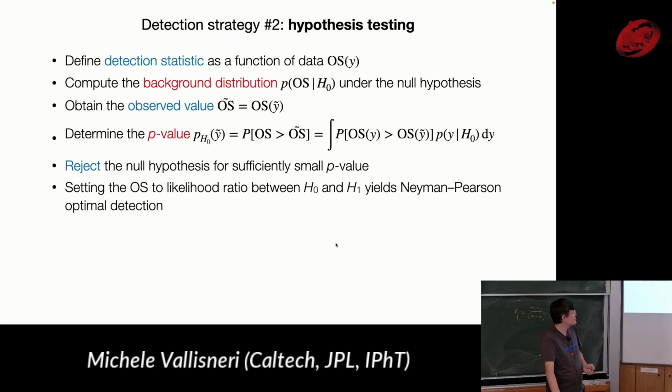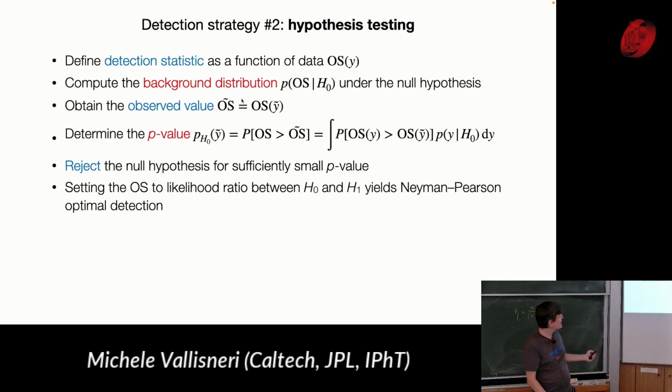The other strategy you can do is hypothesis testing. This is from your standard textbooks: you build a statistic, a bit like the signal to noise I was showing you before. You want to compute the background under a null hypothesis. So if nothing happens, if the drug you're studying has no effect, the vaccine has no effect, what kind of distribution do you expect of your outcome, in this case the statistic?